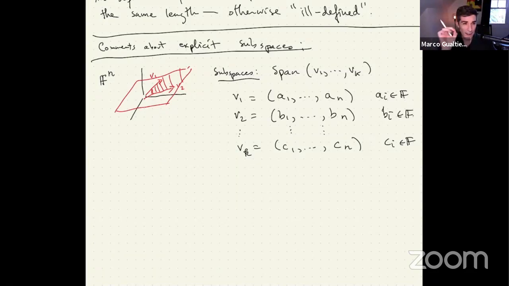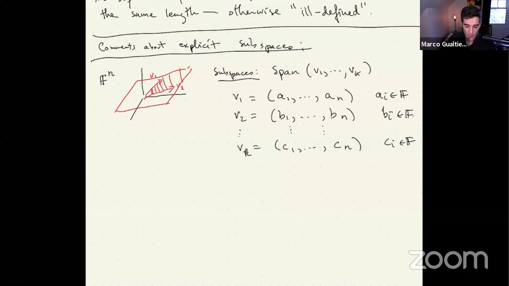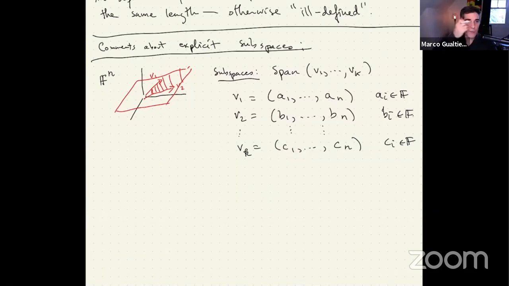And notice the data. What is the data that you need to specify to me? You need to specify n numbers in the field for each vector in your list. So that's an n by k array of numbers, like a1 up to an, b1 up to bn, all the way down to c1 up to cn. So this is a k by n grid array of numbers in the field, and you have to give me that information.